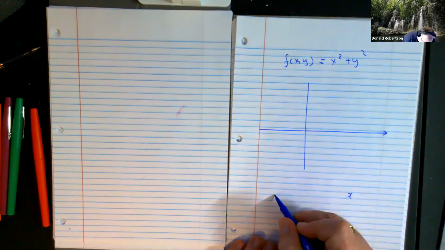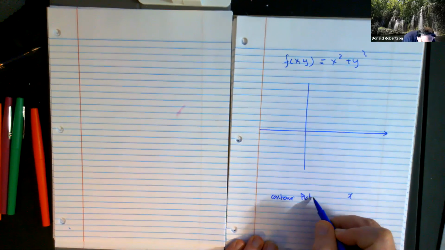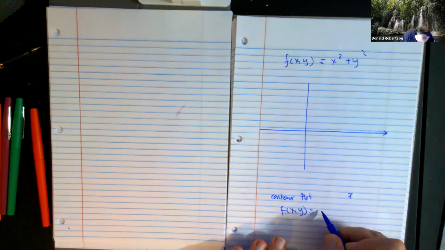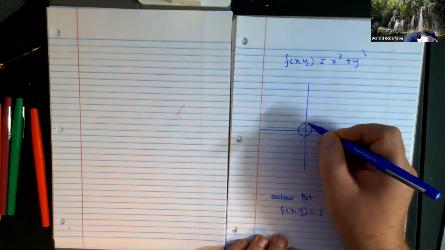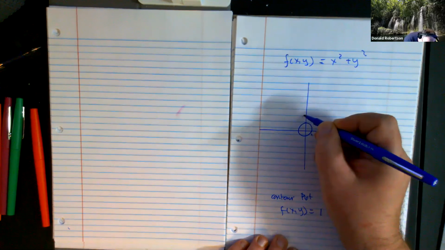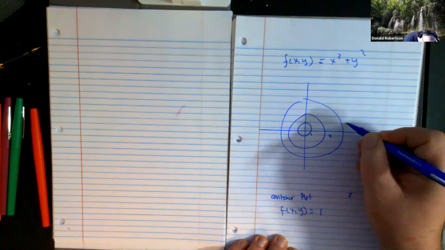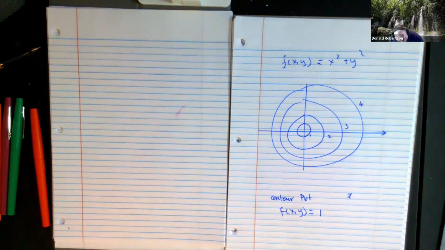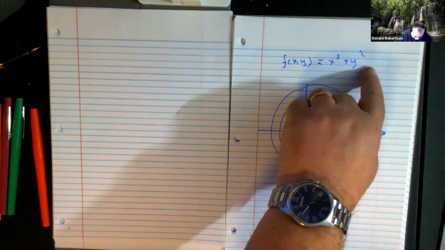What you do is plot all the points where f of x, y is equal to a number like 1. If you do that, you get this fella, and 1. And if you do a 2, and a 3, and a 4. I'm picking a circle because they're quick and easy to draw. So this is called a contour plot of this function. It's a way of trying to visualize what it would be.